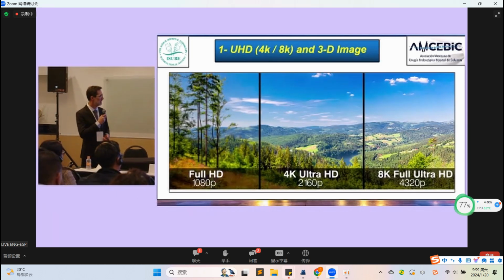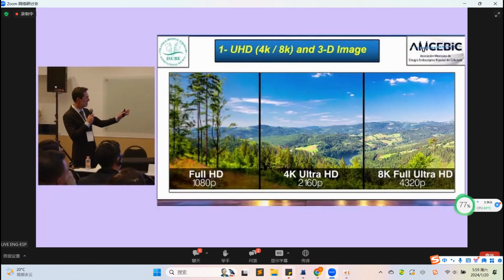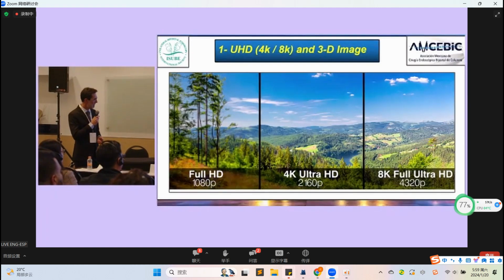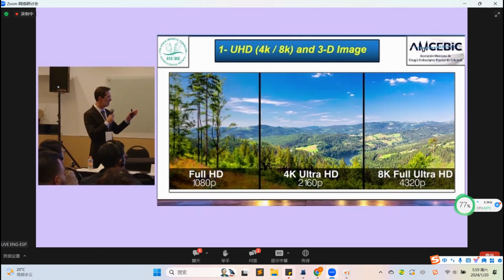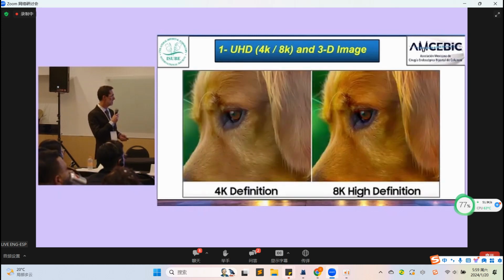In this image, it's possible to see the difference between full HD, 4K and 8K. The number of pixels in 8K is 16 times more, and the clarity and depth of the image is very, very interesting.